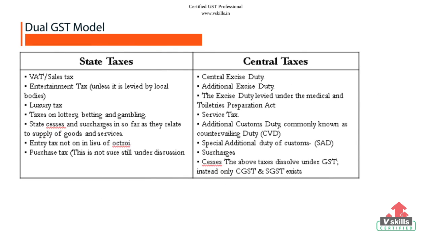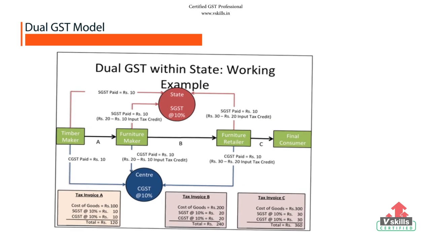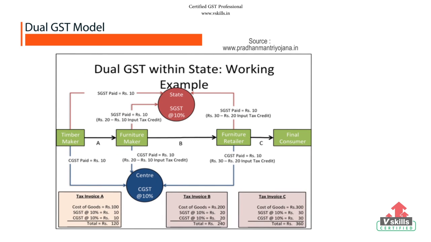The indirect taxes from state and central level that are going to be integrated with GST are stated clearly in the table. The diagram in the frame clearly shows the functioning of the dual GST model within a state. For the above system to be practically applicable, cross-utilization of credit of CGST between goods and services would be allowed.